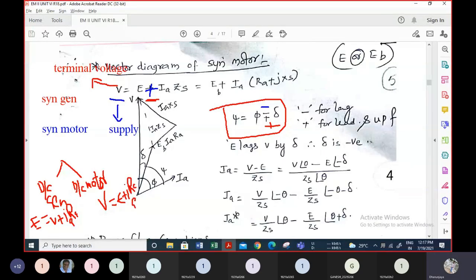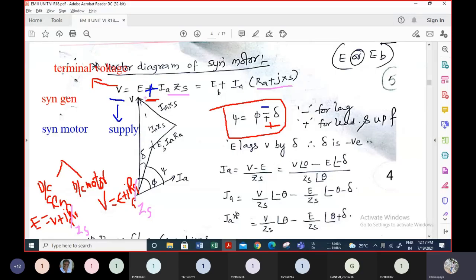In the same manner here, instead of IaRa, I'm writing Ia into Zs. As it is a synchronous machine, Zs can be represented as Ra plus jXs. Rest everything is the same.